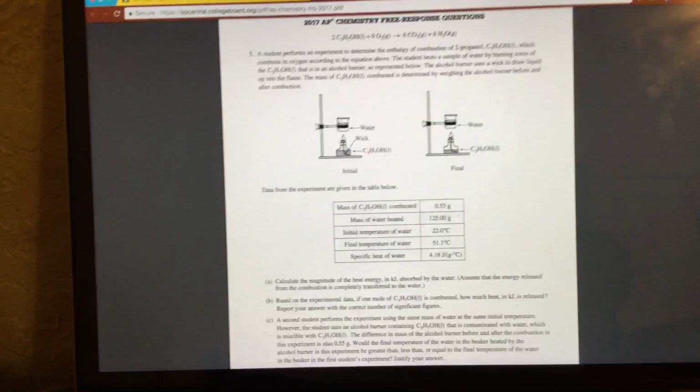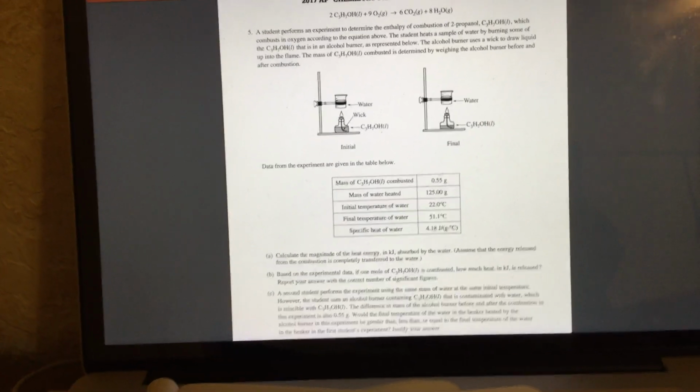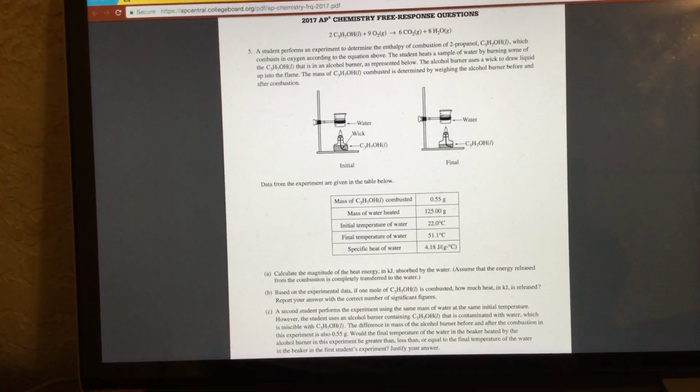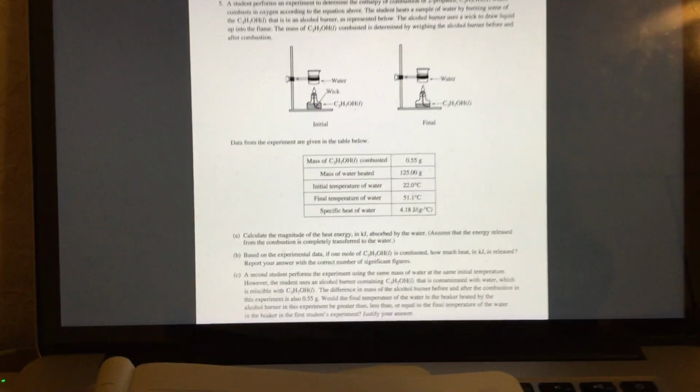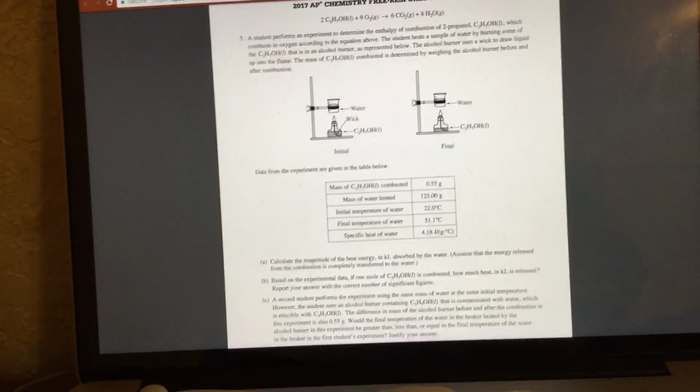Justify your answer. First of all, the answer is less than. The second student will have a lower final temperature than the first student, because the second student's alcohol is contaminated with water.